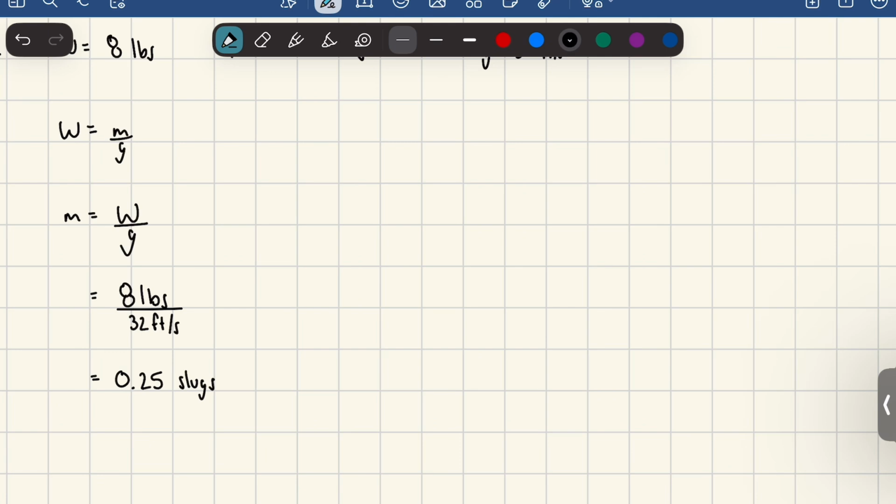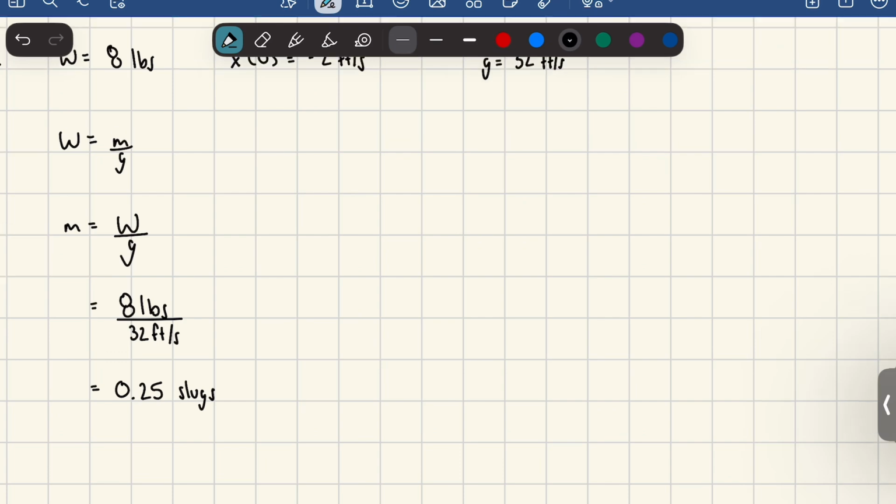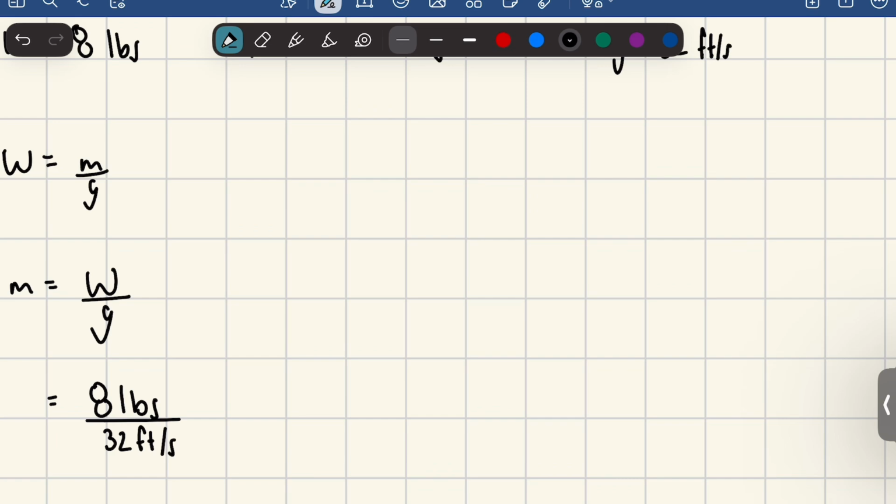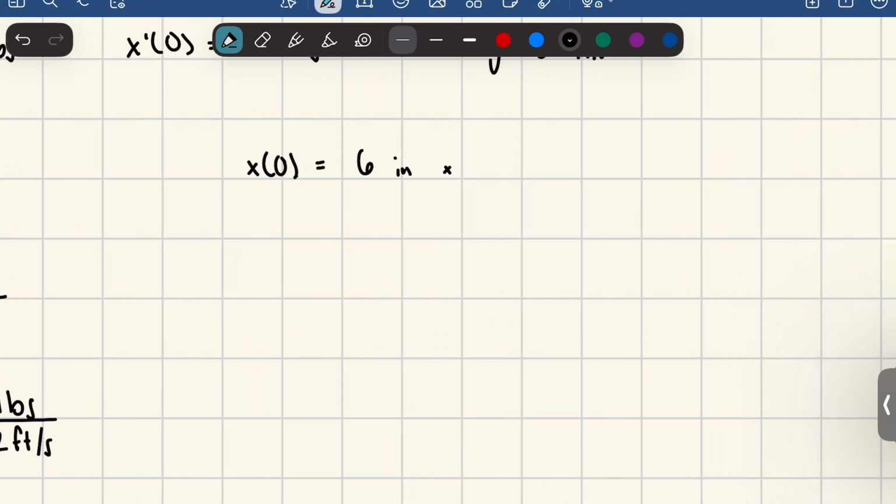Sorry, give me a moment, I'm trying to think this through. We're doing things in terms of feet, so I need to convert. Six inches is just half a foot.